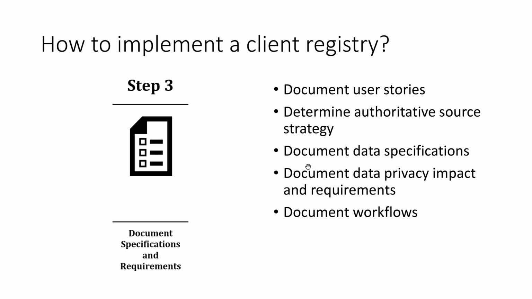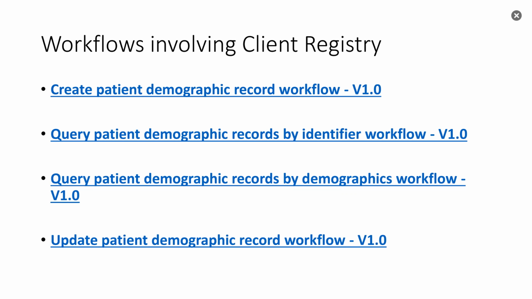There are actually four workflows that are currently defined by the Open HIE Client Registry community, wherein the client registry is an actor. So what are these workflows? We have the create patient demographic record workflow.